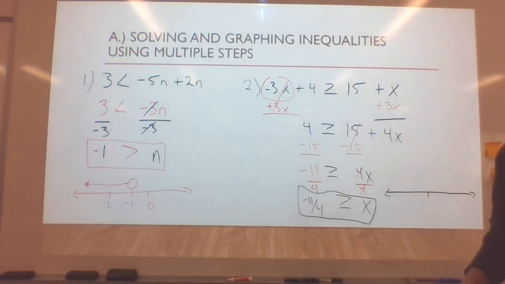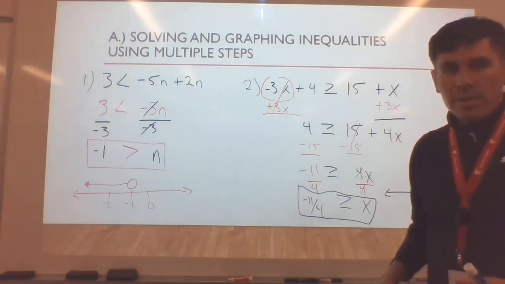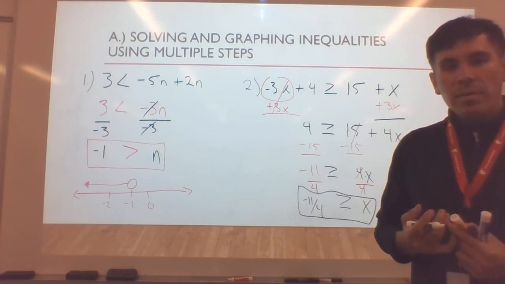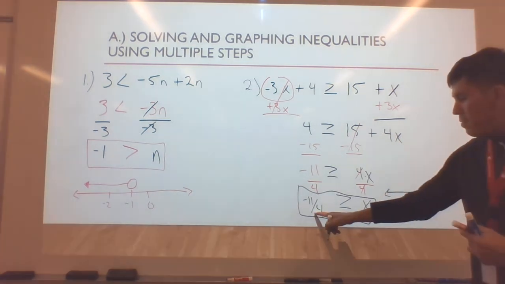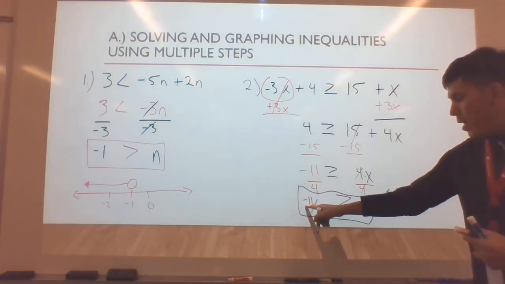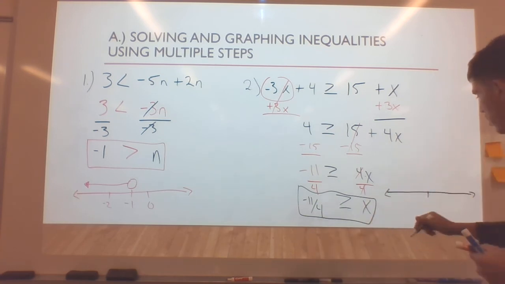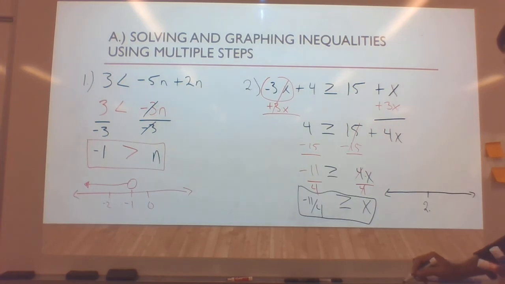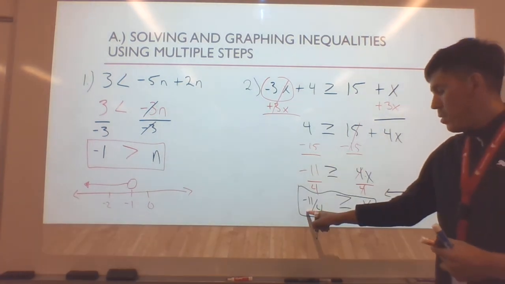And we say, what's negative 11 over 4 in terms of maybe a fraction or a decimal? We can say that 4 goes into 11 two times with how many left over?